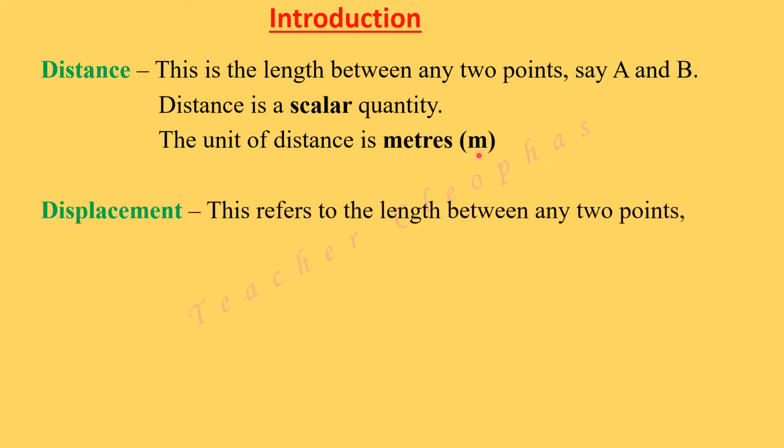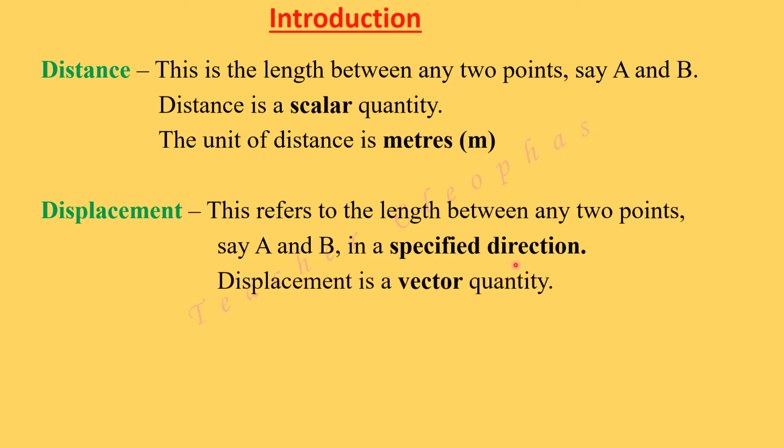On the other side, displacement refers to the length between any 2 points, say A and B, in a specified direction. Therefore, we are concerned about the magnitude and direction. That's why we say displacement is a vector quantity.